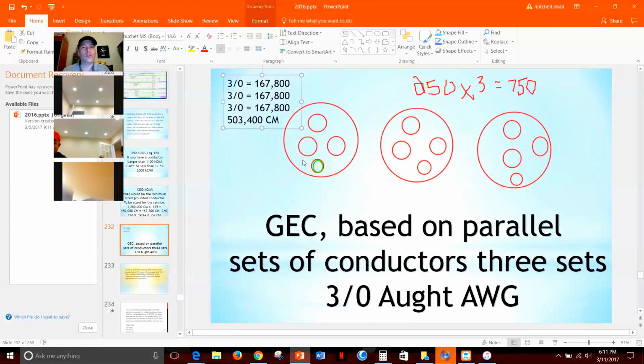So a 250 kc mil is 250,000 circular mills, the equivalent of 500,000 mills. So since we're over, do we go to 600? Yes, that's right.